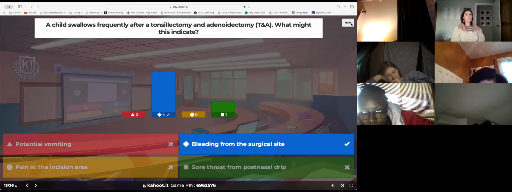Swallowing frequently after a TNA indicates bleeding at that surgical site. So we might have to go in and cauterize some bleeders that might have happened.